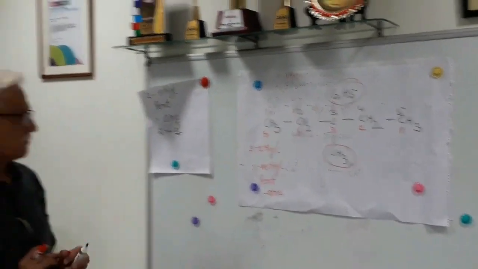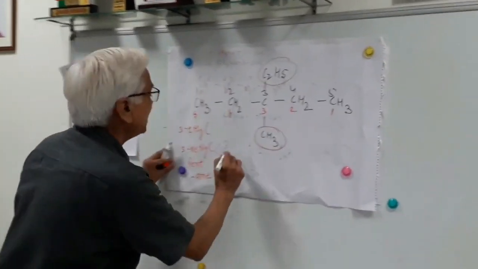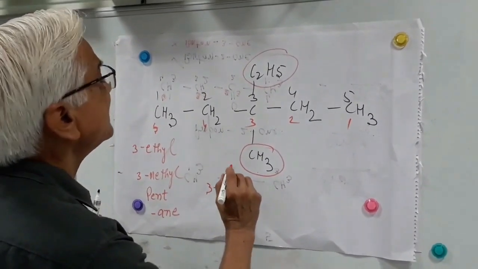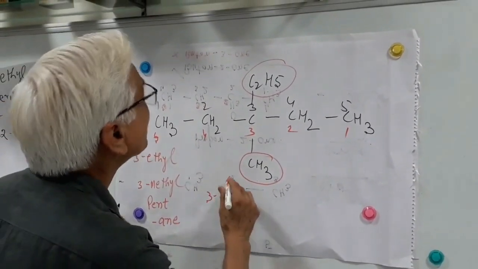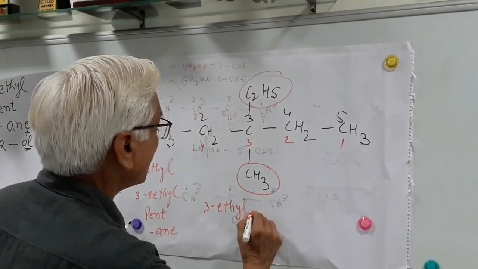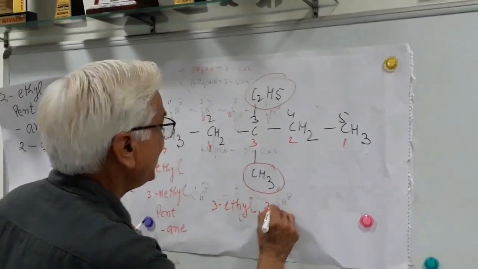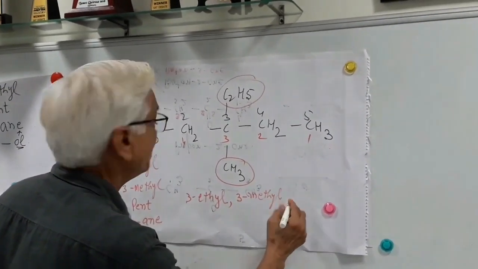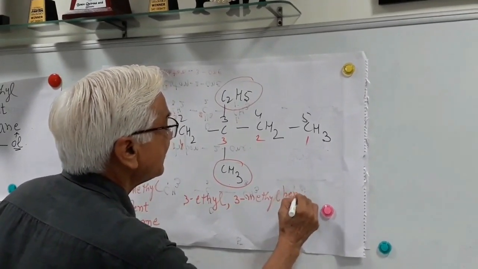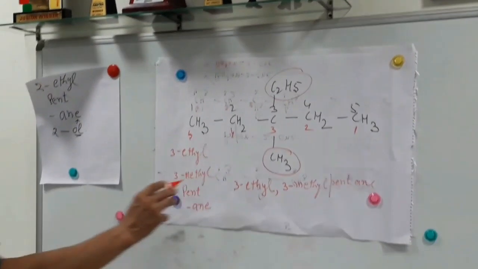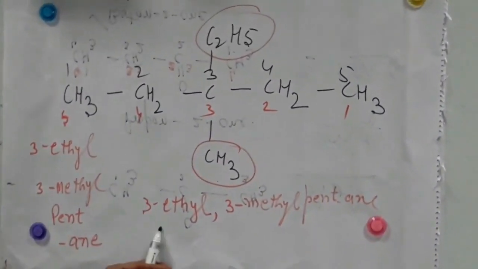So what will be the name? The first name, the red one: 3-ethyl, 3-methyl, root word pent, ending ane. So 3-ethyl-3-methylpentane. Why have I written E before M?